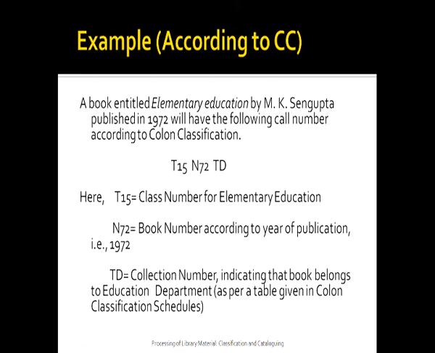Here T15 is class number for elementary education, N72 is book number according to year of publication, that is 1972, and TD, this is collection number indicating that the book belongs to education department. Now, this is as per a table given in the colon classification scheme schedules.